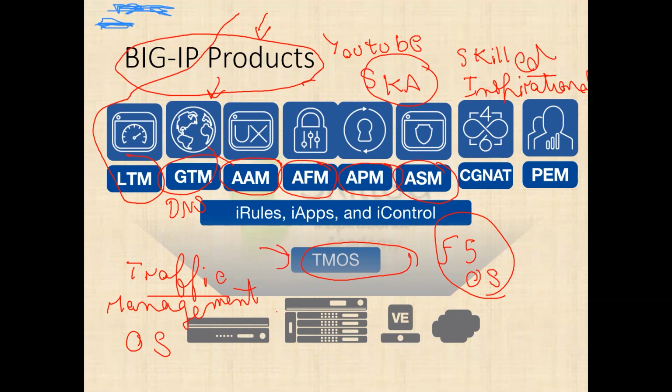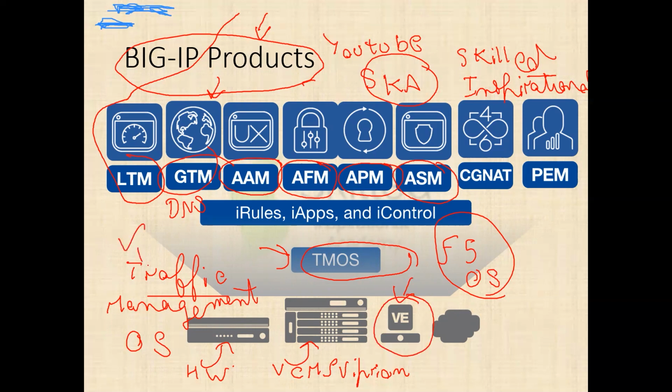Okay. So you can see that it can be deployed in the cloud. It can be deployed as hardware or in a VIPRION vCMP chassis. So it depends on your company architecture where you can deploy it. It can also be deployed as a virtual edition.